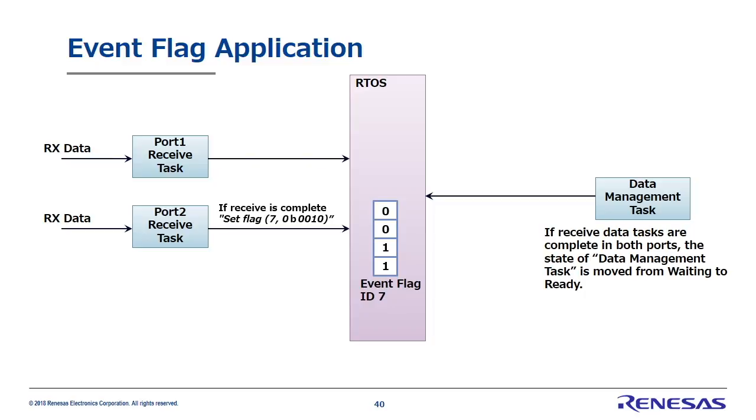When we program it like this, the data management task switches from waiting to ready when the data reception in both ports is completed. This is how event flags facilitate communication and synchronization between multiple tasks.